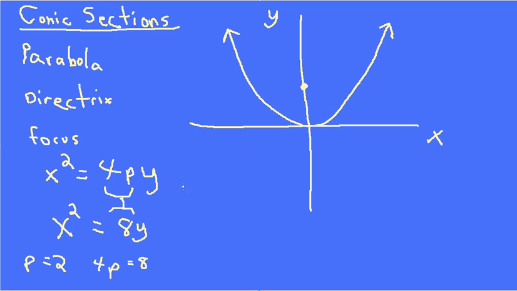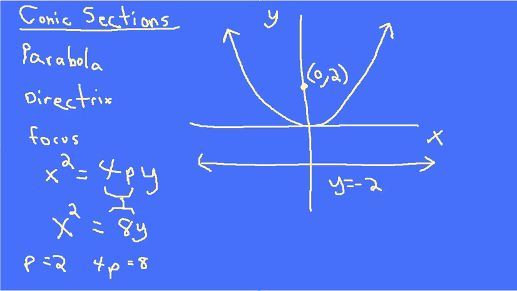For this particular one, p is 2, so I'm going to go 2 from 0, 0 up to 2. In this case, my focus is 0, 2. For your directrix, you're going to go 2 down, so it's going to be a line, and my line is y equals -2.